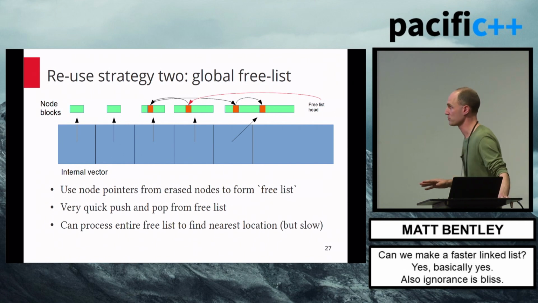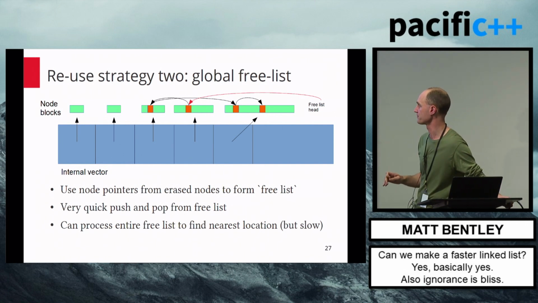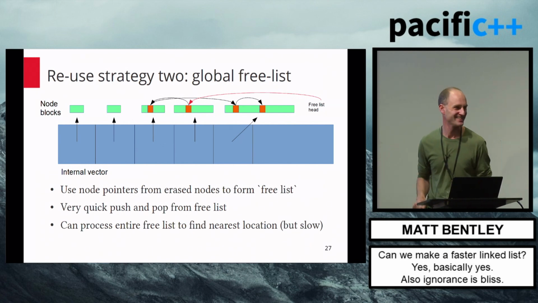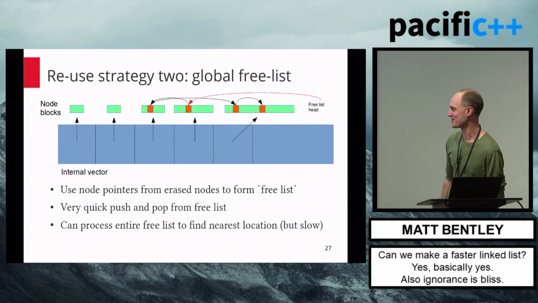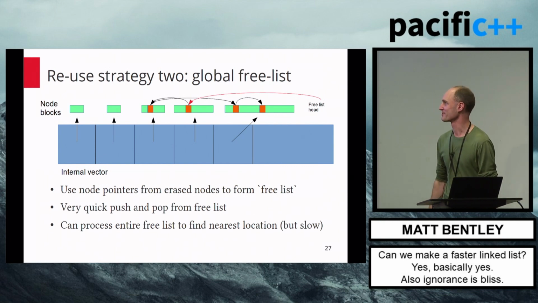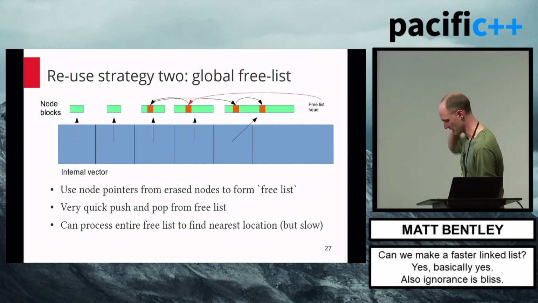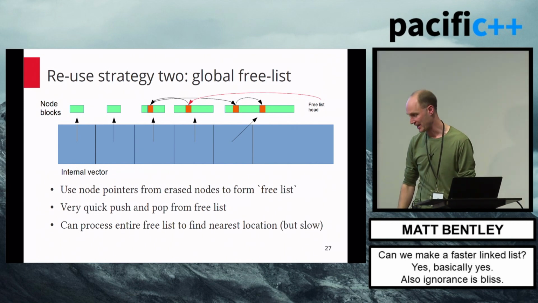Second strategy I came up with was a global free list. Who here doesn't know what a free list is? One person. That's all good. I'll explain it anyway. So free list, you have your free list head, which is a pointer that points to an element.